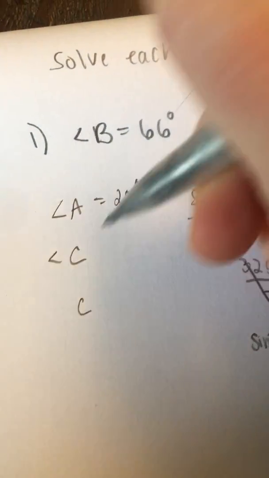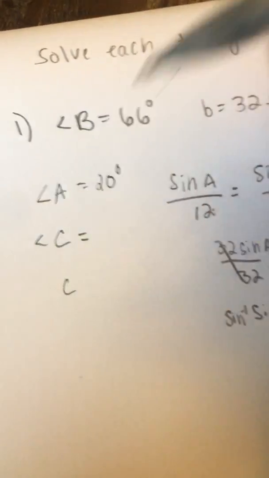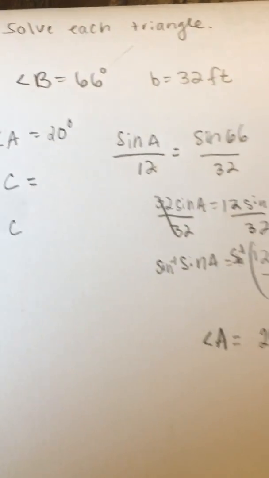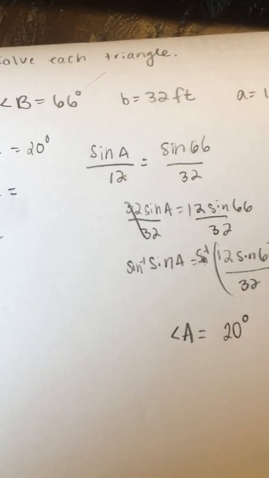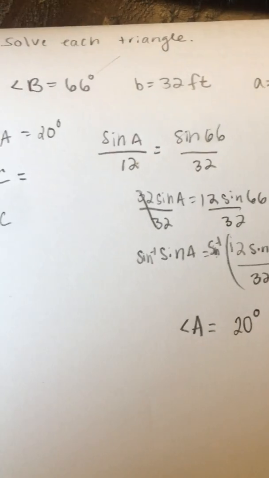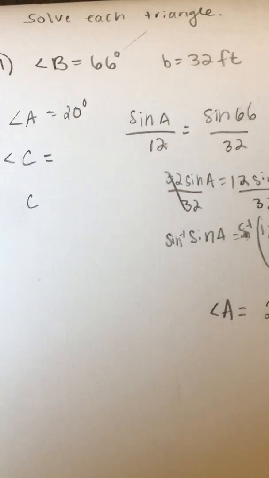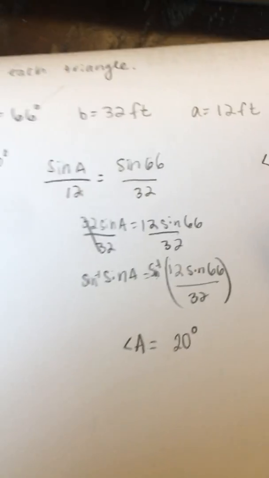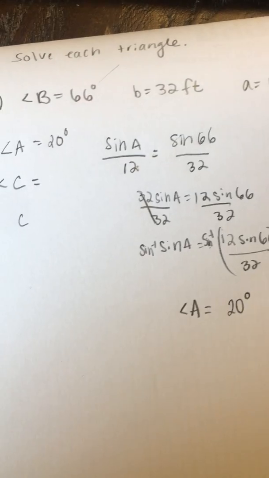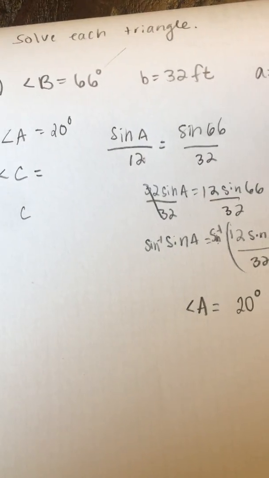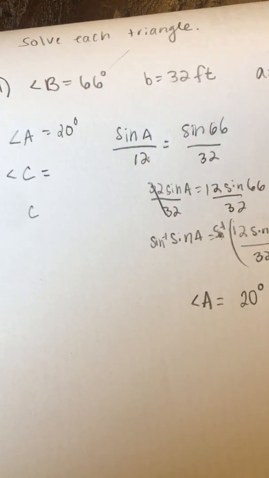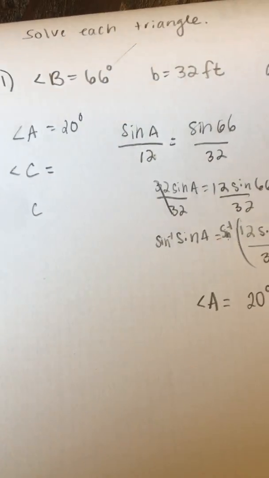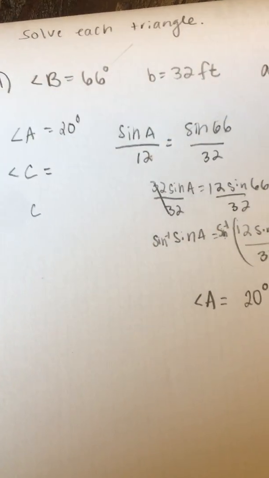If I have two angles in a triangle, I can find the third. Most important to understand here is that we're not going to have a right angle. These are just maybe an obtuse triangle, so no right angle. And so I'm going to find my third angle next. I'm going to find angle C using the fact that I know two of the angles. So 20 plus 66 plus C equals 180, right?